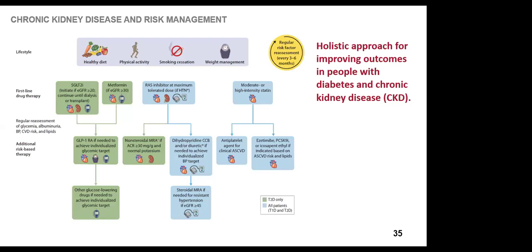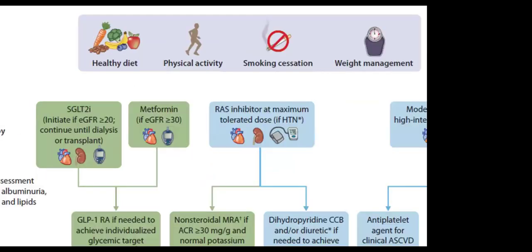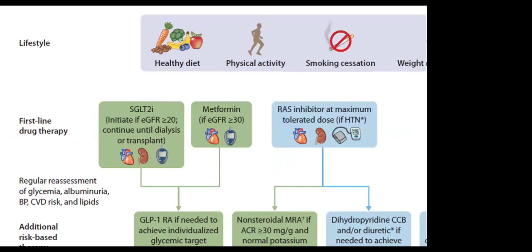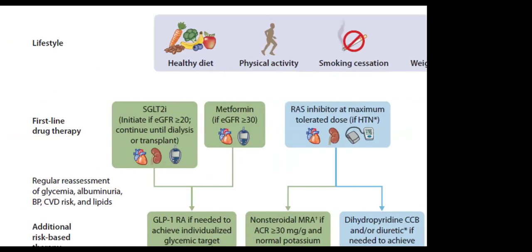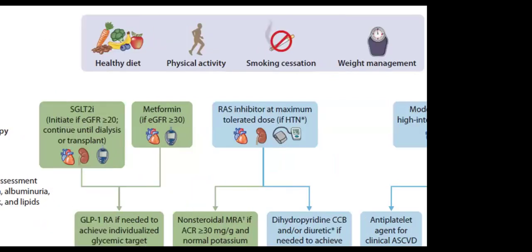Then in terms of management, again, we start with lifestyle, and then first line drugs. We've already talked about this, the SGLT2 inhibitors and metformin. But for metformin, you do not give it if the eGFR is less than 30.